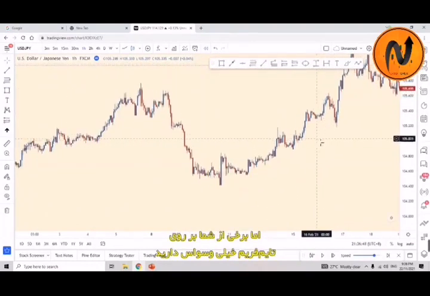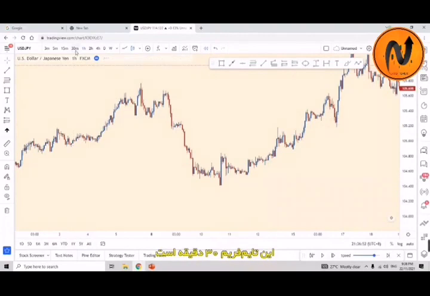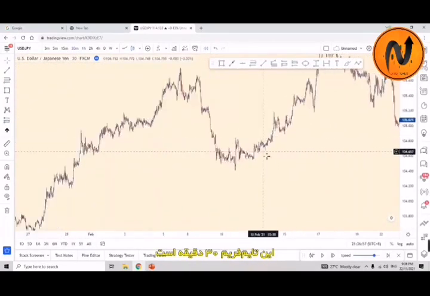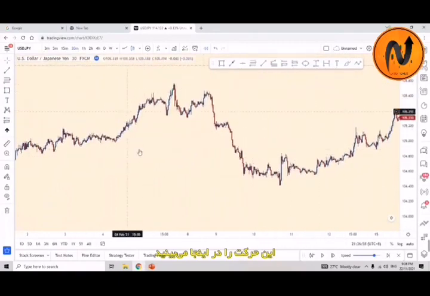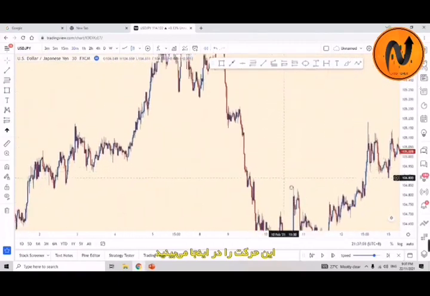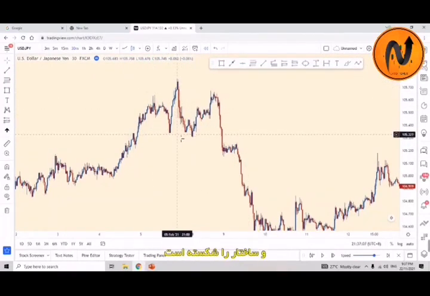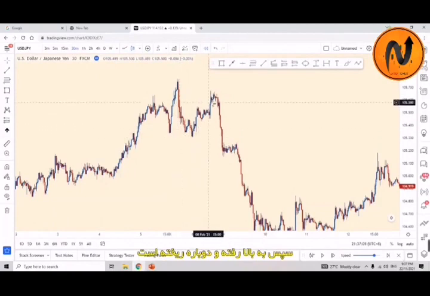But some of you are too obsessed with whatever time frame you're trading. Maybe it's M30. And you saw this movement over here. You can see that the price is moving up and then drops, a break of structure. Good. Then it comes back to the top and then it goes down again.